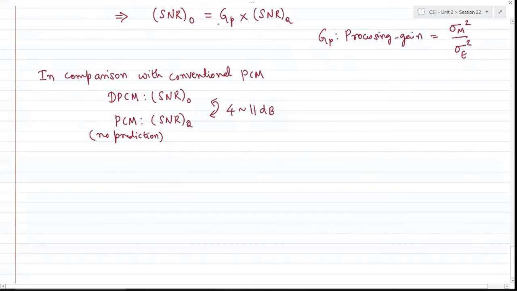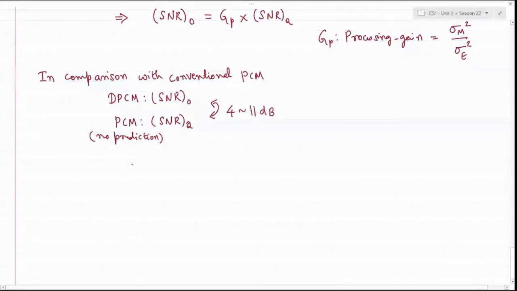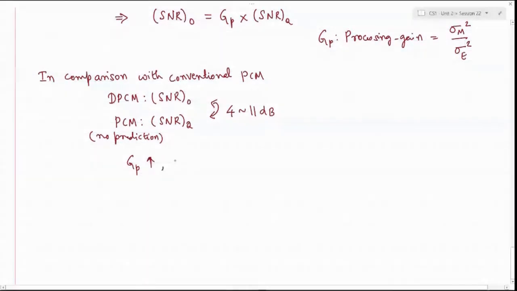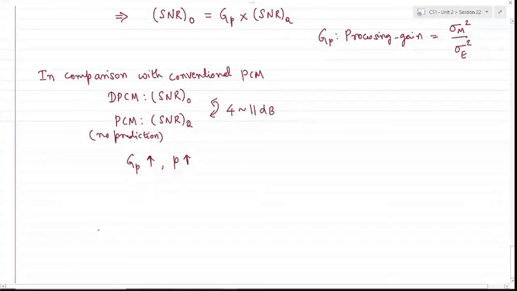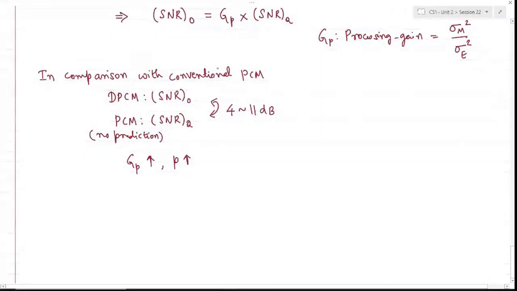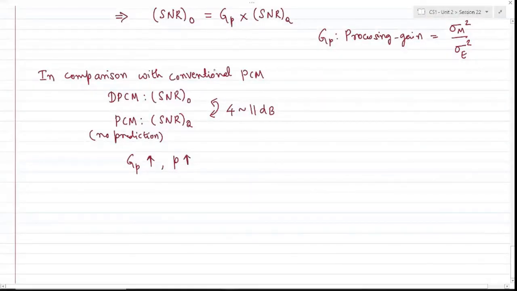So the processing gain GP increases, and hence your signal to noise ratio keeps increasing, making a more efficient system, as you increase the order of this linear prediction filter itself. Okay, so if you go up to a filter of order 4 or 5, that's how I can describe the advantage of the DPCM process.